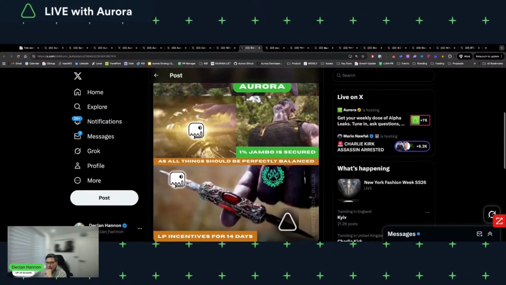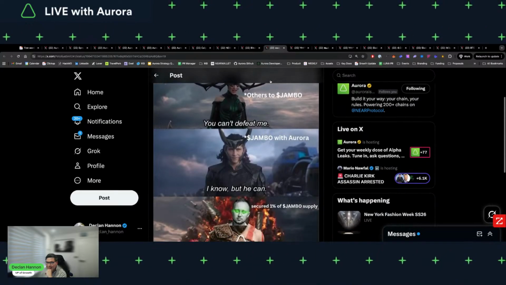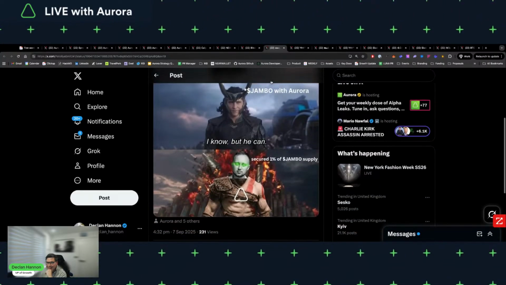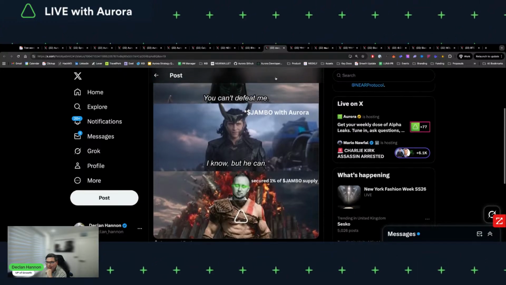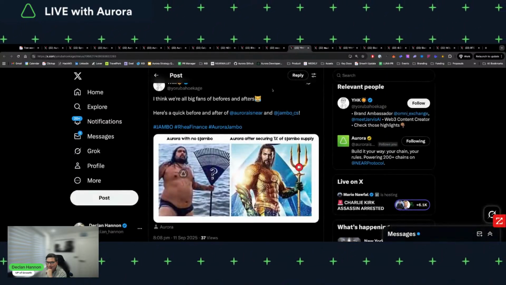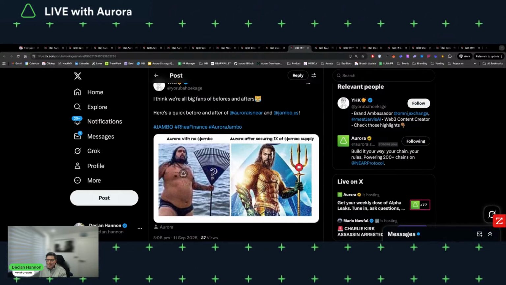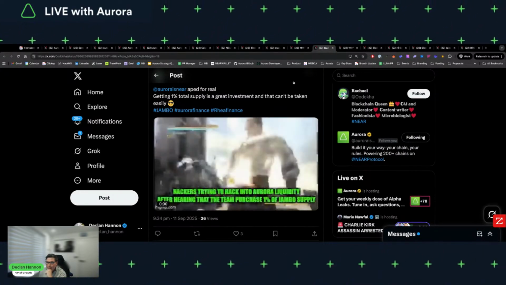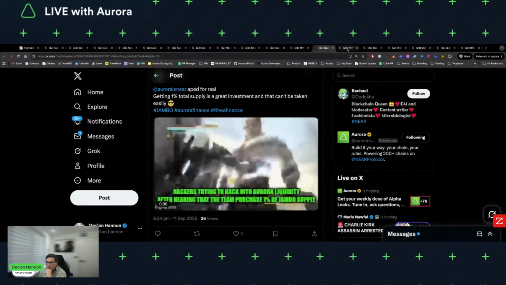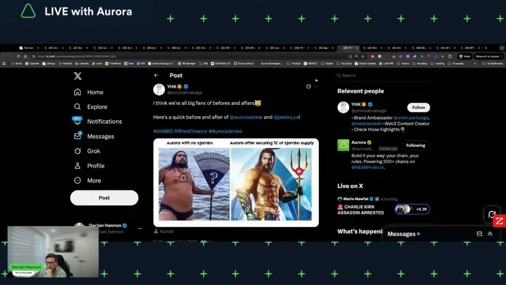1% Jambo Aurora. Okay. You can't defeat me. I think Alex would appreciate looking so buff. Okay. What else have we got? Aurora's no Jambo. Aurora's cool. Okay, so I'm definitely sensing a theme, which is good because I'm a bit of a nerd and I love a bit of Marvel.